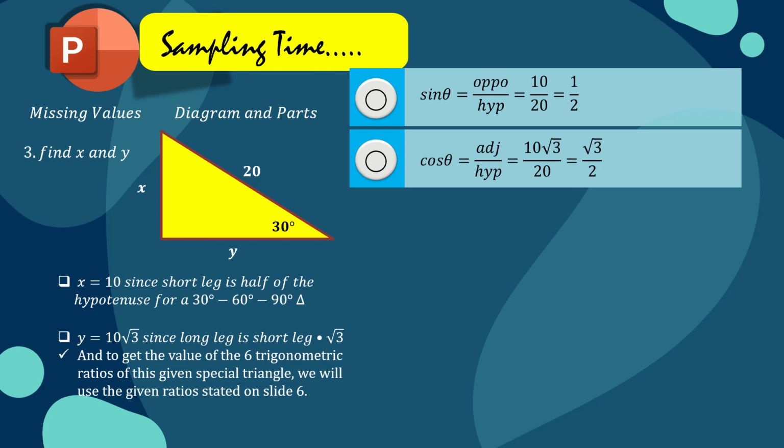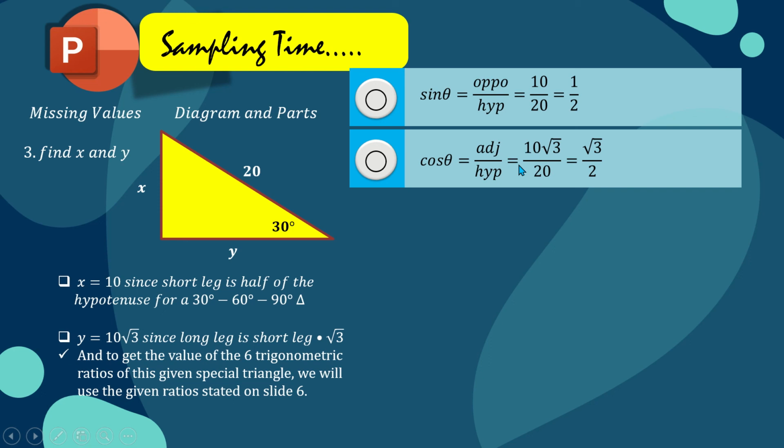To solve for the cosine function, cosine of 30 degrees, ang theta nato or ang angle nato is 30 degrees. Cosine is adjacent over hypotenuse. Ang atong adjacent is y over ang atong hypotenuse kay 20. Ang atong y by solution is 10 square root of 3. So 10 square root of 3 over hypotenuse 20. Then reduce ang 10 og 20.